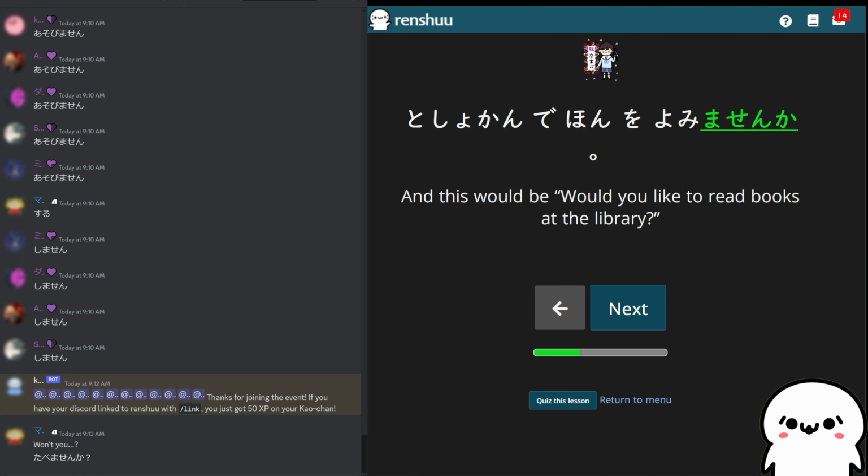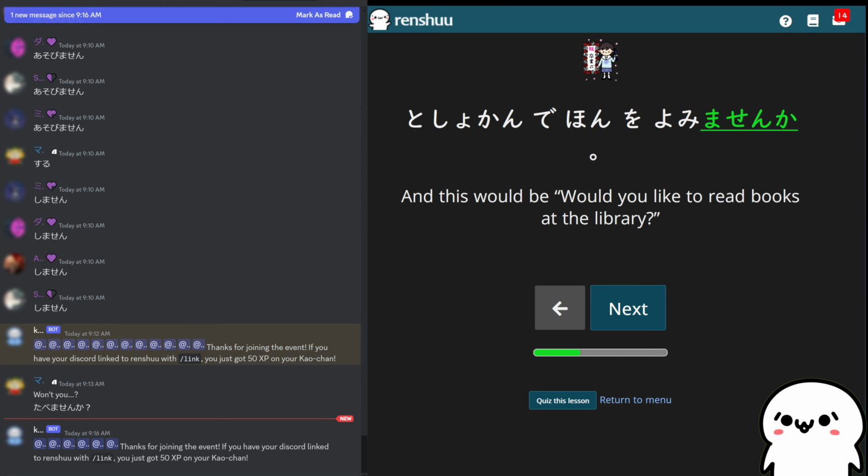So before we continue, let's practice this a bit. Pretend that you're talking to me, that we're face to face, and you're inviting me to go do something. It can be anything. It can be things that people would not normally do together. Like, would you like to write kanji? That's fine. It's just for the sake of practice.